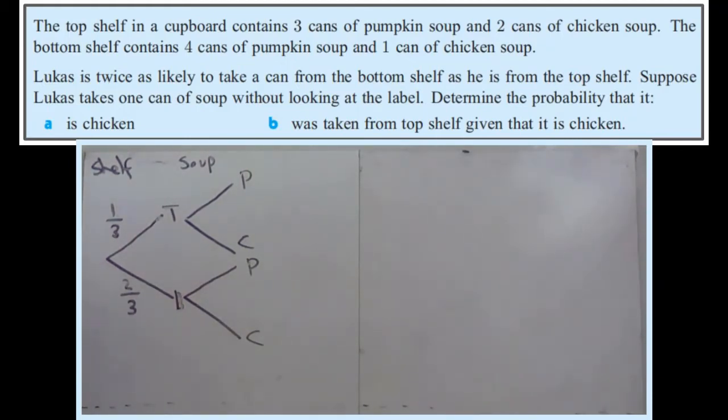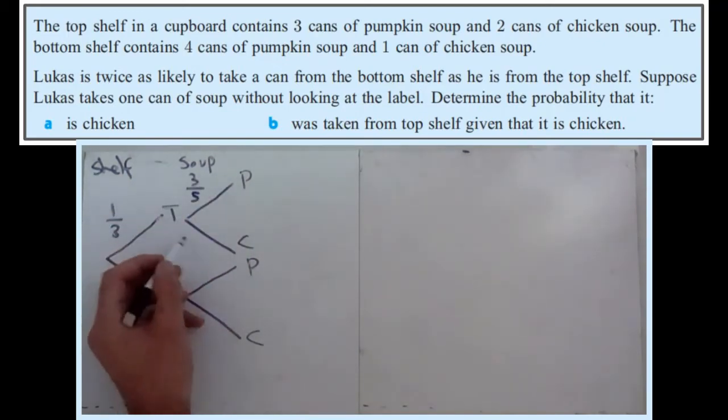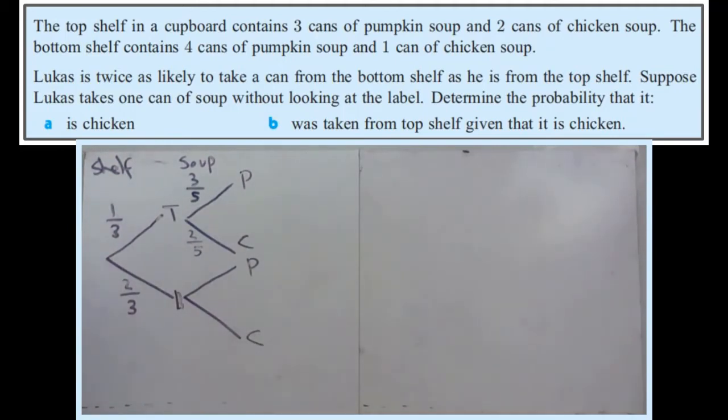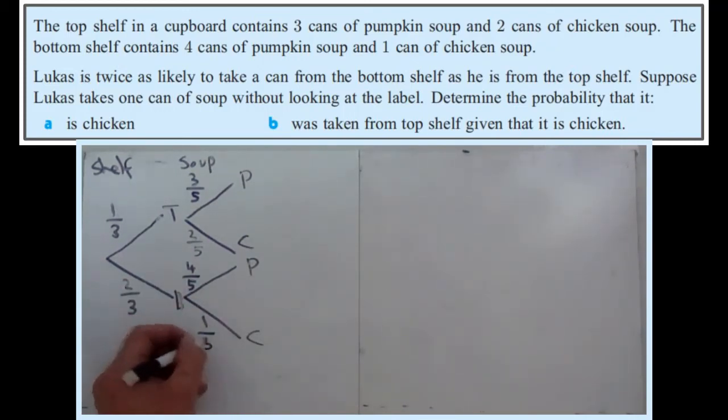The top shelf has 3 cans of pumpkin soup and 2 cans of chicken, so that is 5 cans in total. 3 out of the 5 are pumpkin soup, so there's a 3/5 probability of getting pumpkin, and 2 out of the 5 are chicken. That's on the top shelf. On the bottom shelf, we have 4 cans of pumpkin, 1 can of chicken. So that's 5 in total again. 4 of them are pumpkin and 1 is chicken.